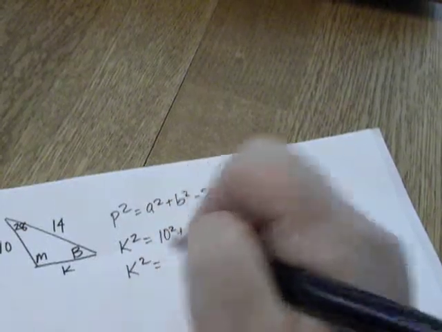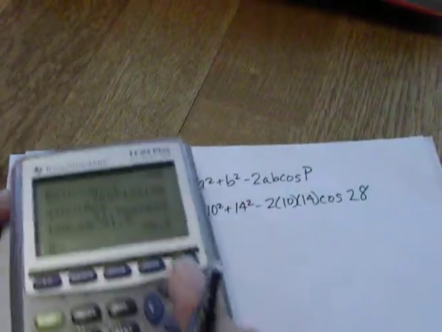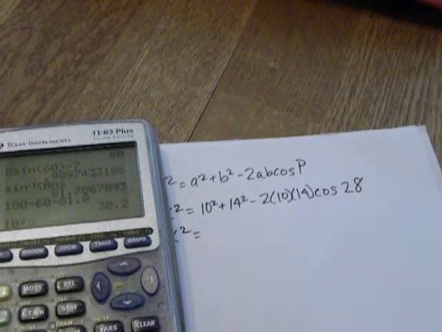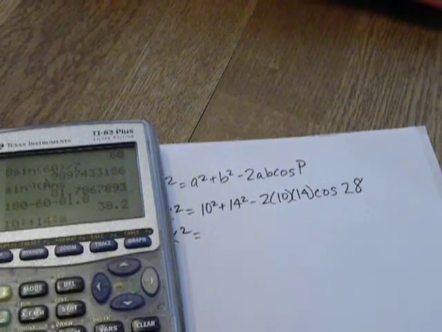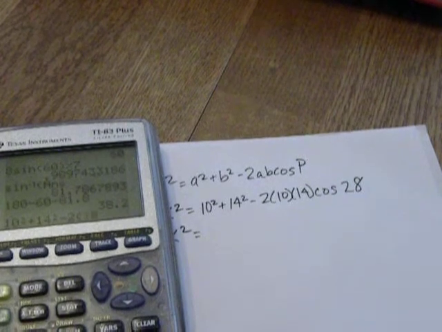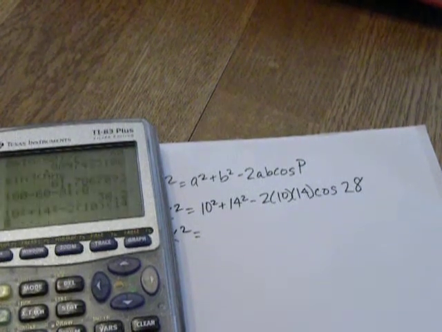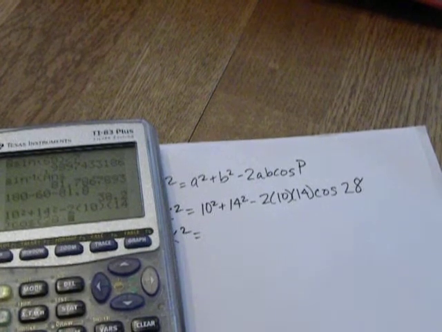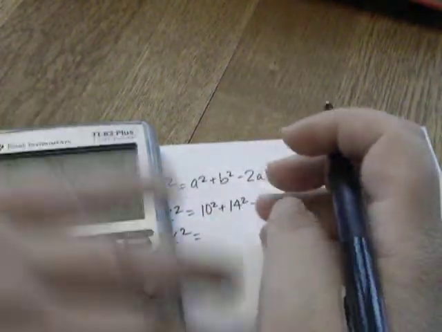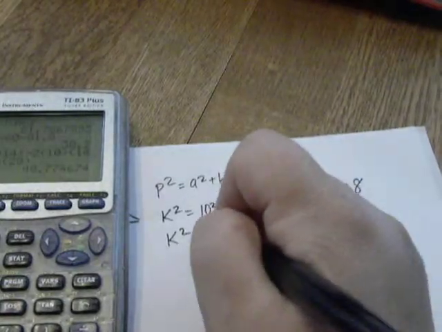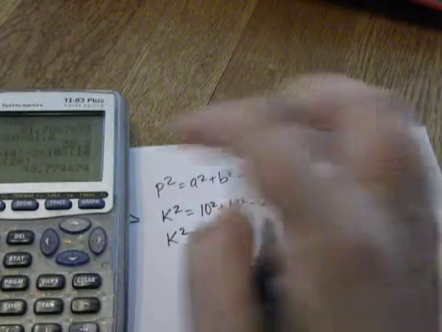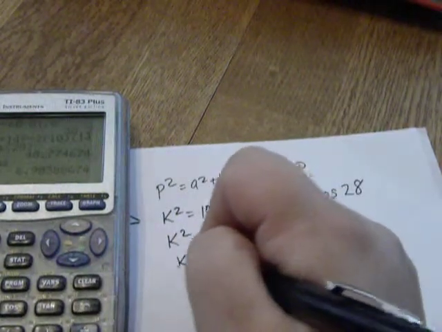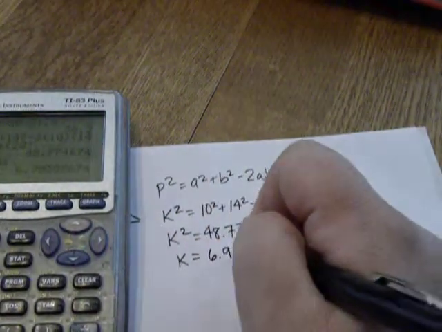Plug it into the calculator. So we get k squared is 48.77, square root, k is 6.98.